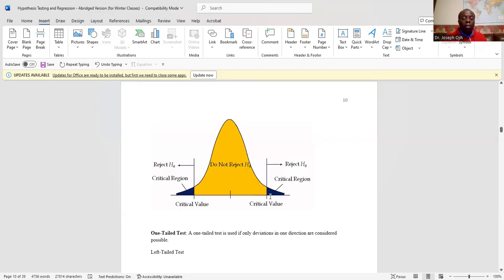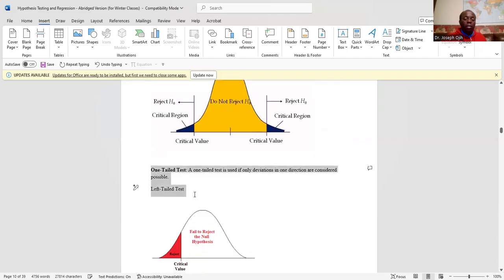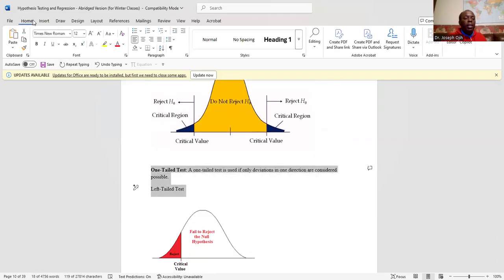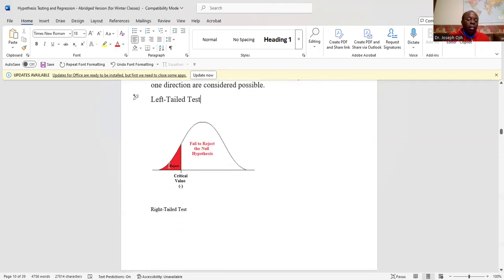Next is the one-tailed test. The one-tailed test is used when only deviations in one direction are considered possible. Like here, only the left side is shaded.